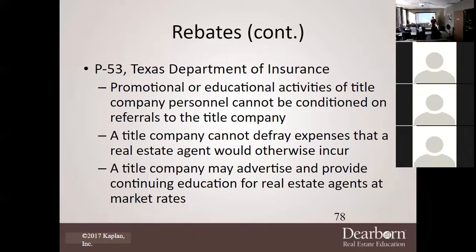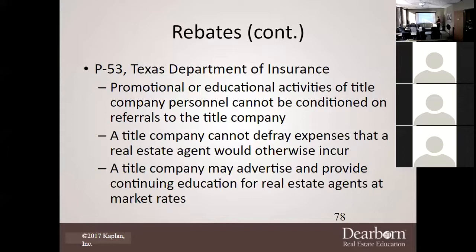Y'all actually have to pay for them. If not, they're violating this rule and they lose their license. Some of you agents that I've talked to went to the recent one we had and you had to pay $10. It's not because they were just being cheapskates, it's they can't do that. And if they do, they can lose their license. Does that make sense? Okay.